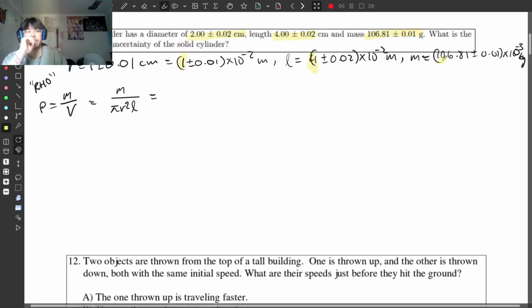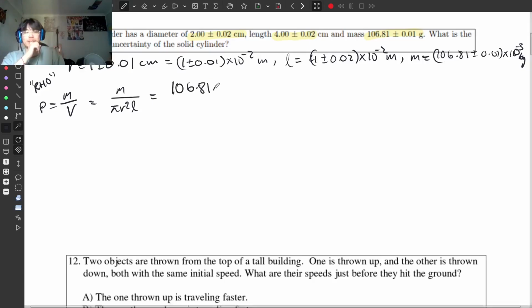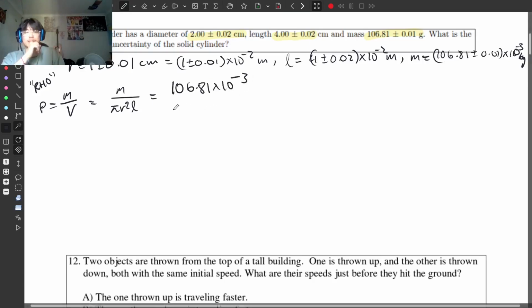So this is our formula for density, and then we can find it just by plugging in each of these values without the uncertainties. So we will get 106.81 times 10 to the minus 3 over pi times 1 times 10 to the minus 2 squared times our length, which is 4 times 10 to the minus 2.